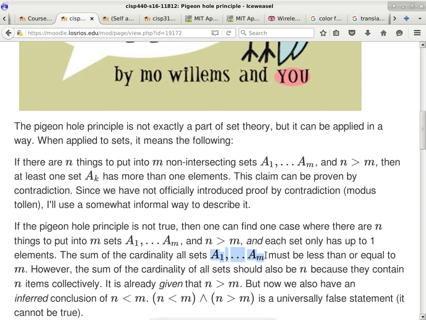Is that okay? That's just Q all by itself. So the negation of Q, the other way of saying the negation of Q, is to say all containers have less than or equal to one elements. Is that okay? Does it make sense? And that's how we end up with the contradiction.